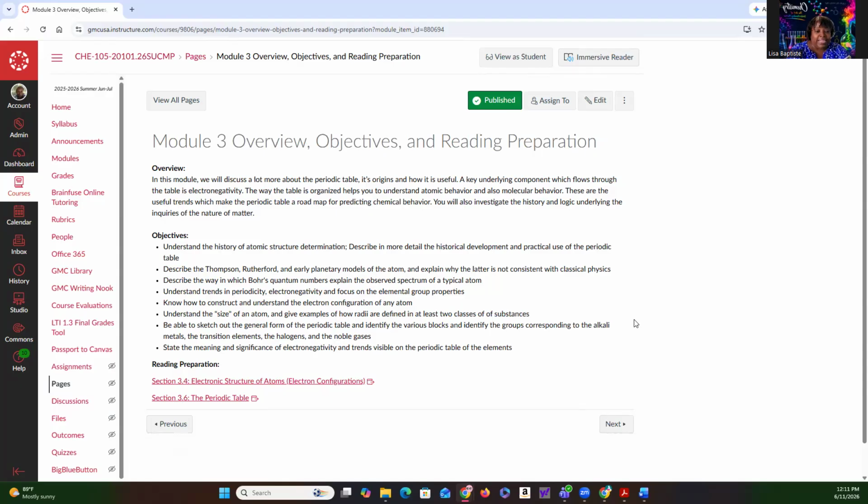State the meaning and significance of electronegativity and trends visible on the periodic table of elements.